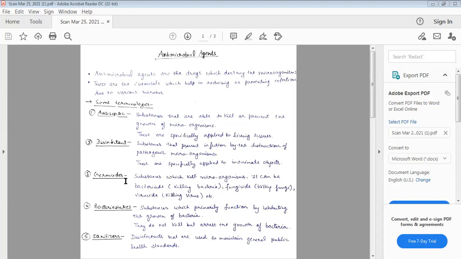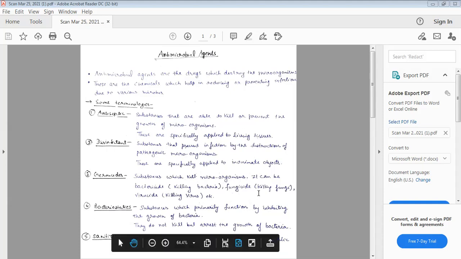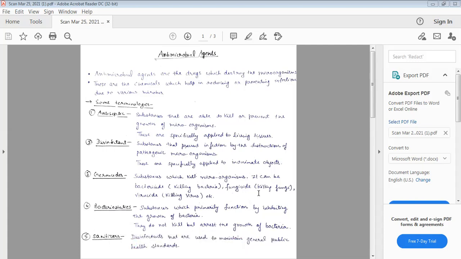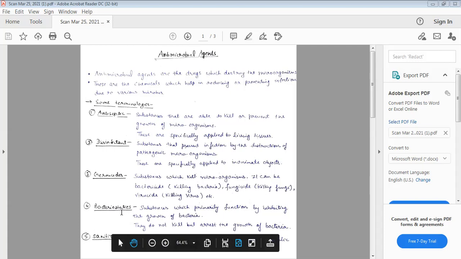The third term is germicide. Germicides are the substances which kill microorganisms. It can be a bactericide if it is killing bacteria, a fungicide if it kills fungi, or a viricide, that means it has the capability of killing viruses. The fourth term is bacteriostatic.